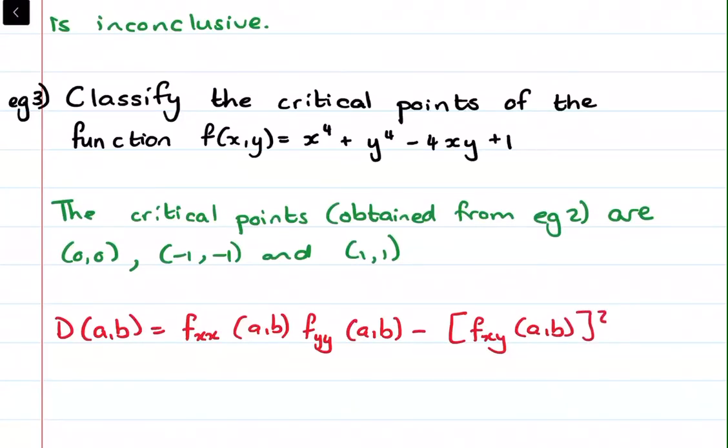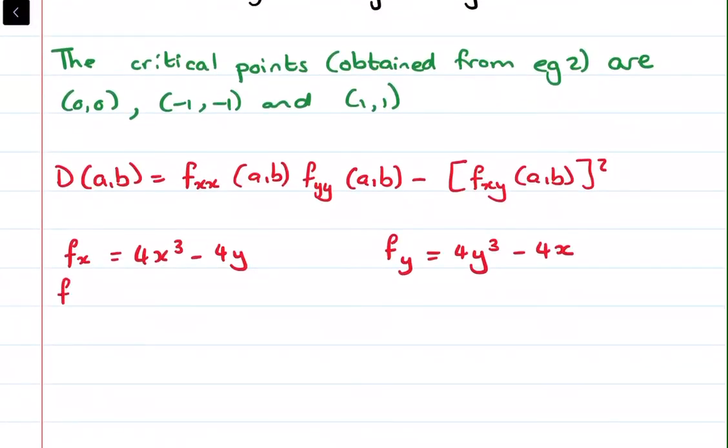So what does this mean? It means that I need to find the derivatives. So we already have that the first derivative with respect to x is 4x cubed minus 4y, and the partial derivative with respect to y is 4y cubed minus 4x.